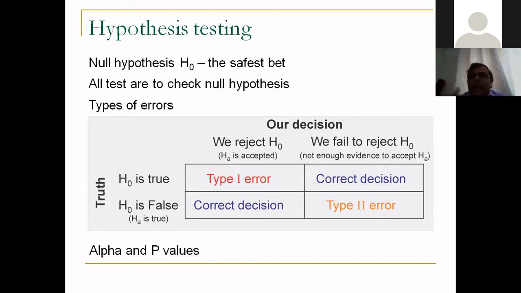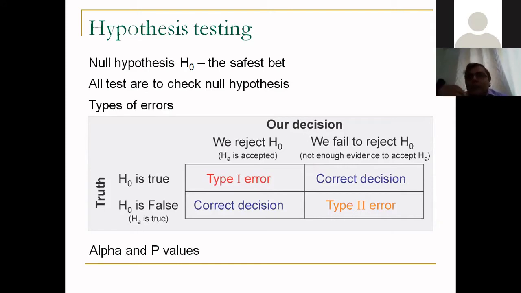And then we find the probability that we are doing a type 1 error, which is the same as finding the probability that the null hypothesis is true. If your p-value is less than 0.05, what does that mean? That means that the probability that the null hypothesis is true is less than 5%.